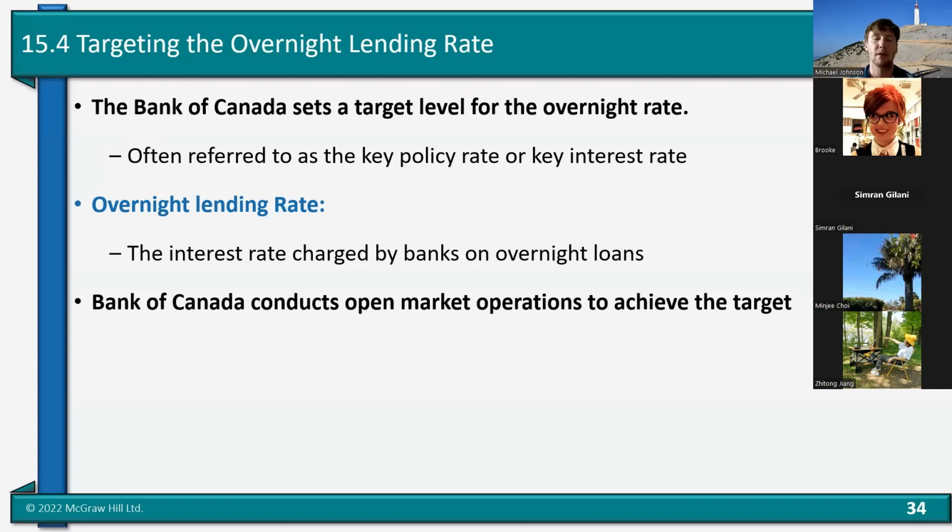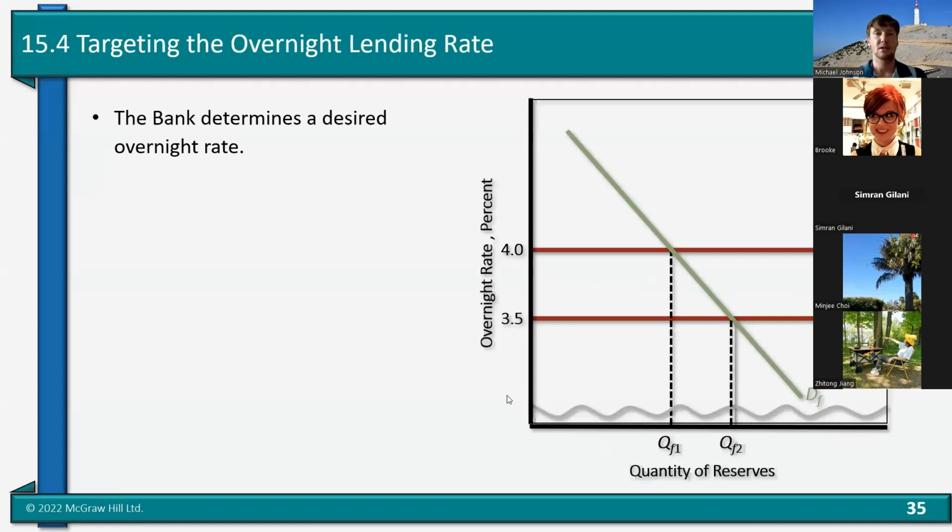Interest rate. The overnight lending rate is the interest rate charged by banks on overnight loans. The Bank of Canada conducts open market operations to achieve the target. So the bank determines the desired overnight rate. As you can see, if they reduce the interest rate like this, the money supply increases.